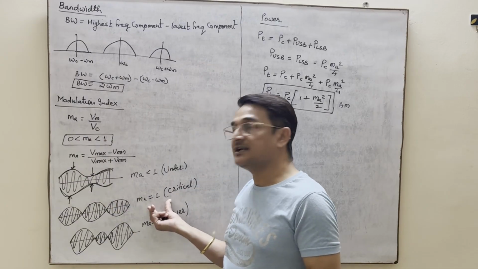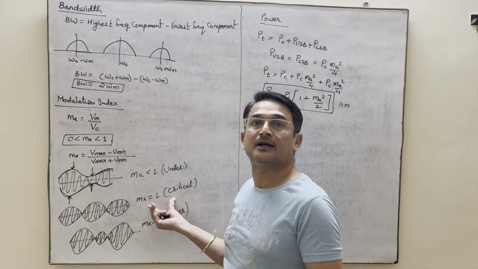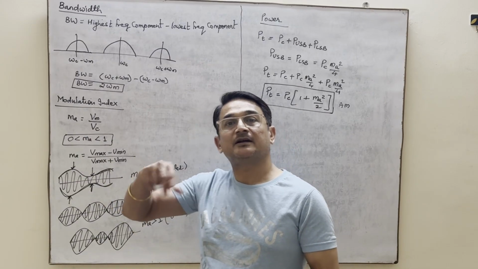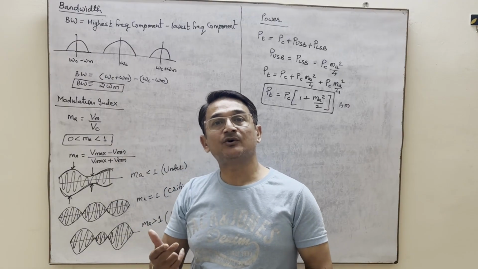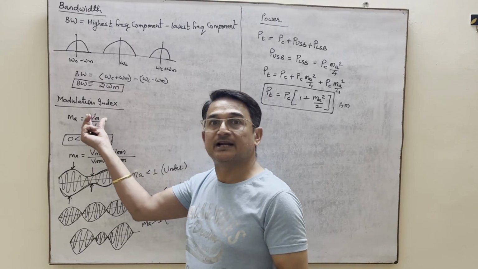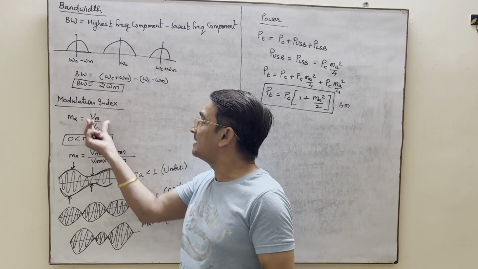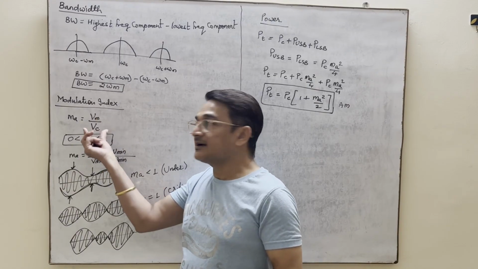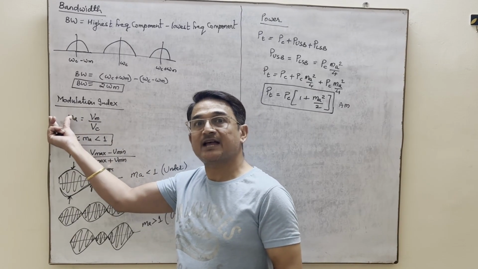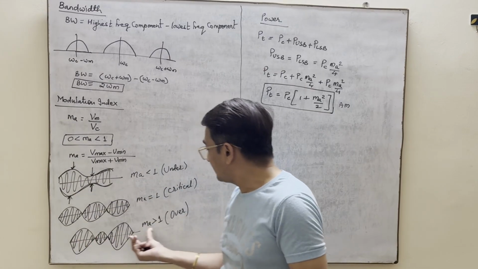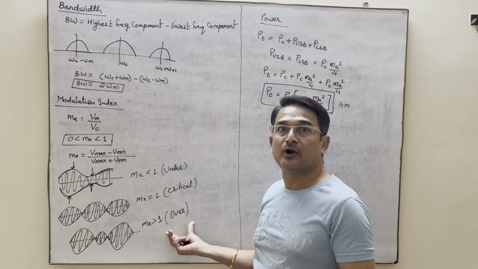That condition is known as critical modulation. After that, if you increase the amplitude of the modulating signal further, Vm becomes greater than Vc. Obviously the numerator is greater and the denominator is lower, which means Ma would be greater than 1. This condition is known as over modulation.